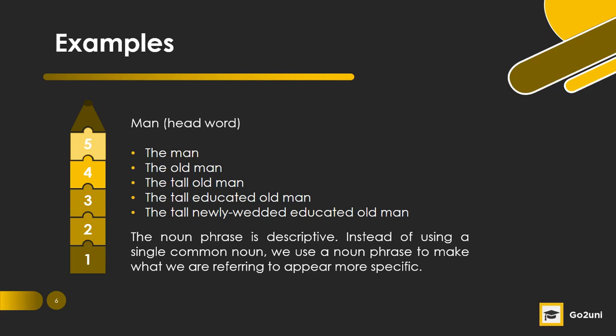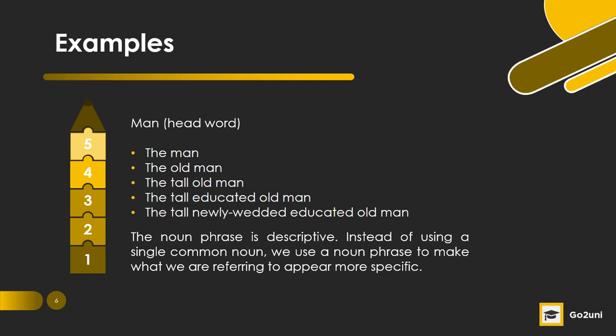When you say the man, probably you mentioned him earlier on, so you narrow the reference to a more specific person. But when you say the old man, the picture is even clearer, because this time around, it's not just the man, but the man that is old. And when you say the tall old man, you are narrowing down the definition. You are going to look for someone who is old and who is tall.